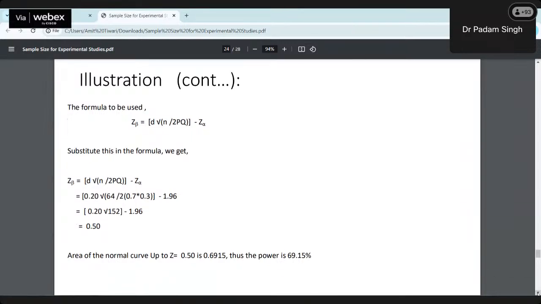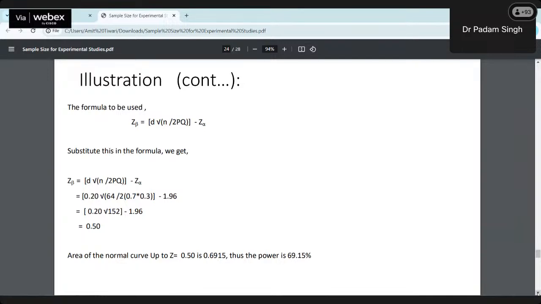Now, the formula से मैंने Z beta की वैल्यू कैलकुलेट की. The value of Z beta comes out at 0.50. After substituting these values, formula को भूल जाइए आप. What you have to understand is there is a method to calculate what is the power. तो इससे जो है with this value of Z beta, normal distribution theory से the power comes out as 69.15.